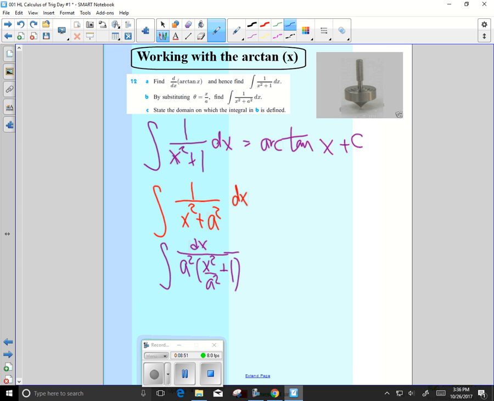Then u is going to be, if we rewrote this, dx is going to be 1 over a. 1 over a gives me a squared. Do you agree with that?